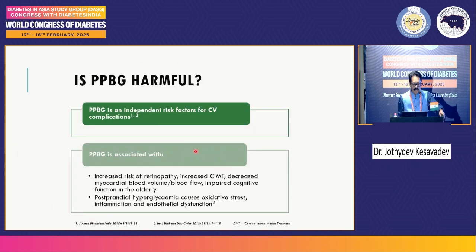So this is very important, because the postprandial is the component responsible for all these complications that we are worried about. We are worried about retinopathy, nephropathy. We are worried about oxidative stress. We are worried about the glucose variability, which can induce endothelial injury, retinopathy, neuropathy, and even carotid intima media thickness and blood flow.